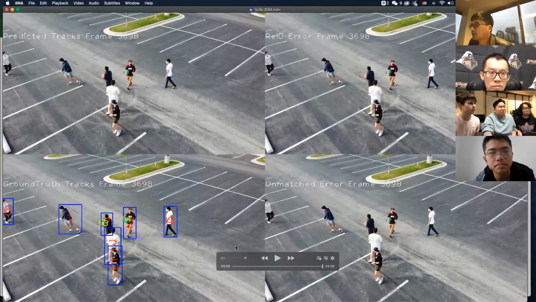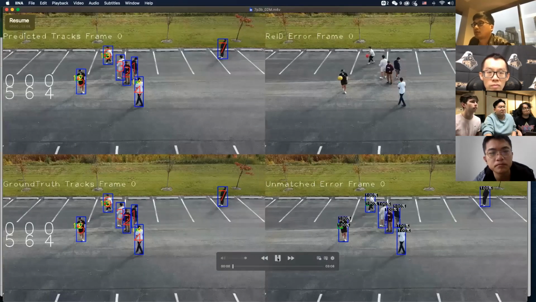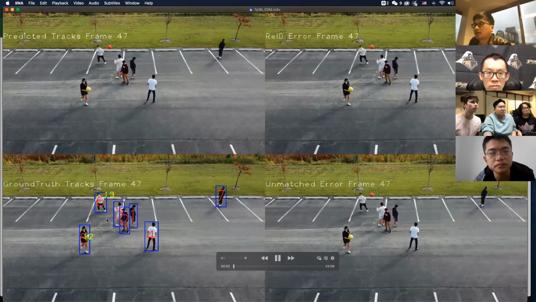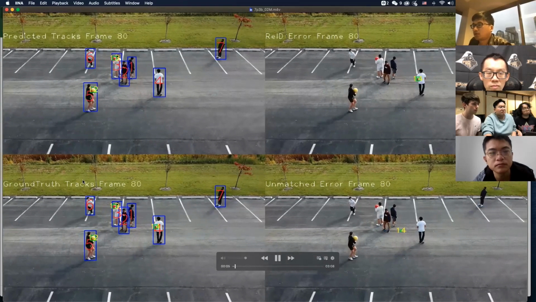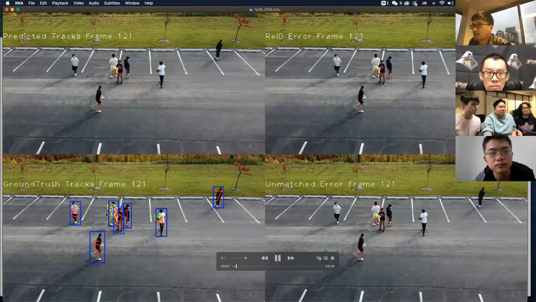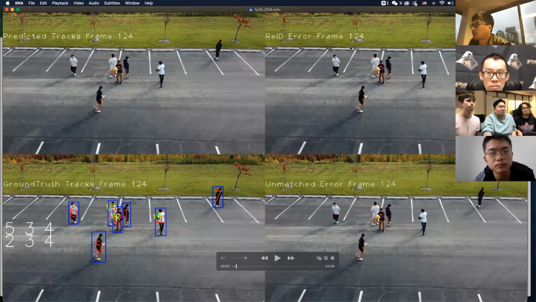It is divided into four panels. The upper left is the predicted tracks, the lower left is the ground truth tracks, the upper right displays the re-ID error, and the right one displays the unmatched error.